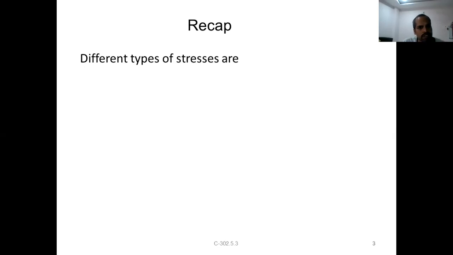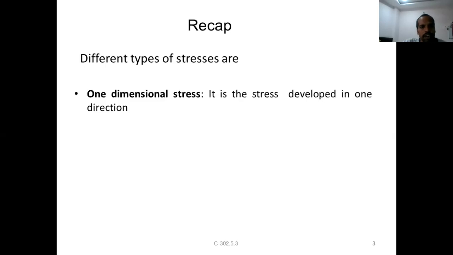And what are the units of stress? Mathematically, stress is expressed as load per unit area, or load per area. The unit of stress is the Pascal, that is Newton per meter square.